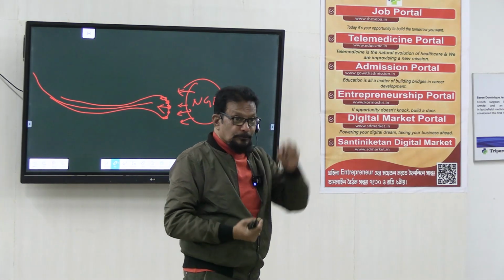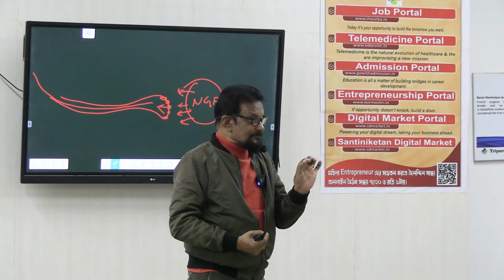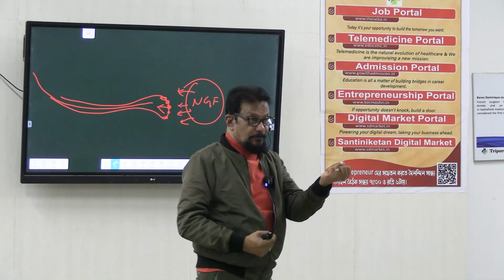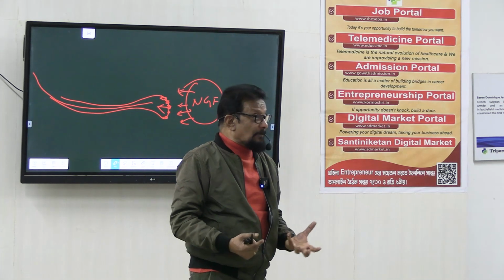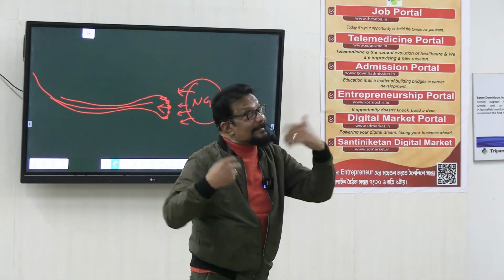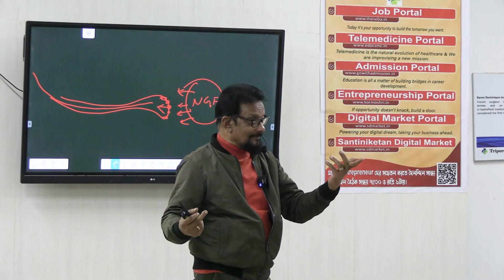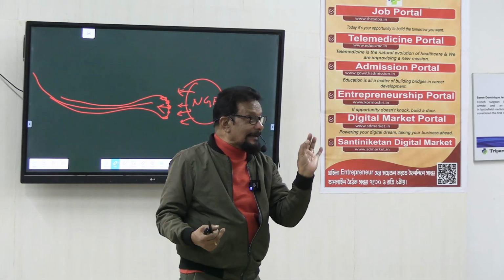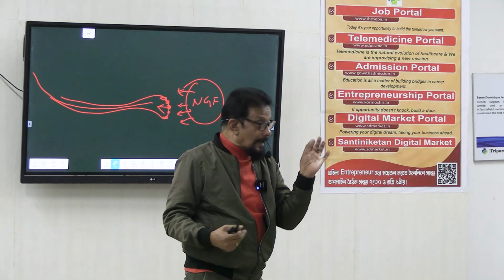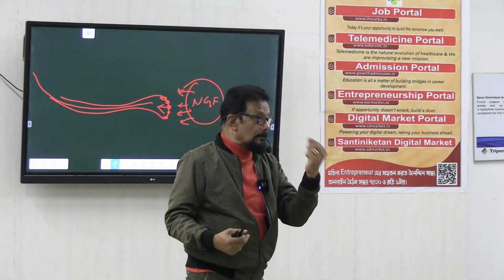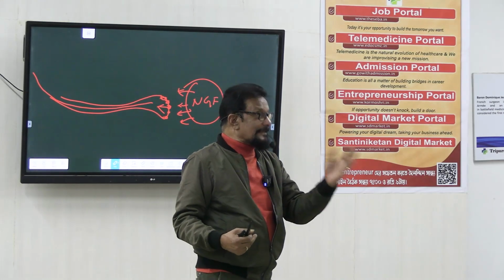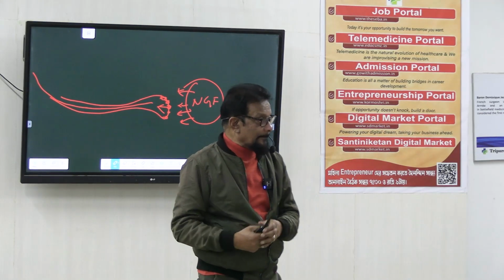Stimulating all the nerves in a fasciculus depends on the strength of the stimulus. If the strength is much more, all these nerve fibers will be stimulated at a time and the response will be much more. When the strength of the stimulus is less, fewer fibers will be stimulated, so fewer muscles will respond and the response will be less.